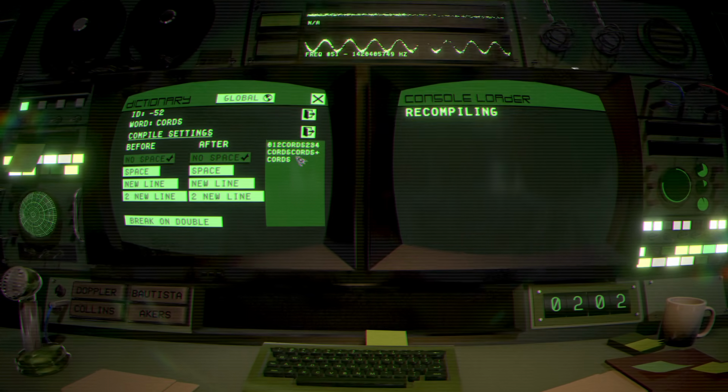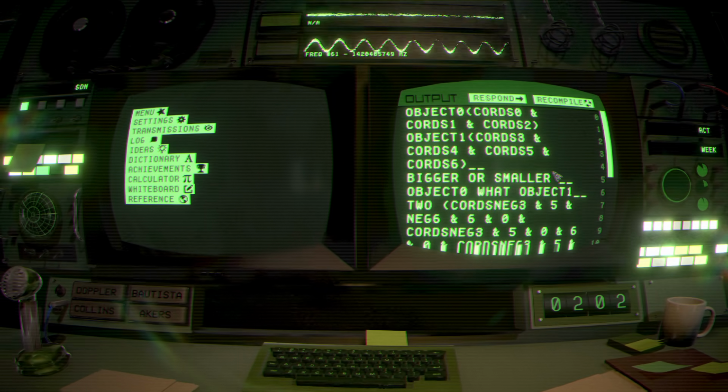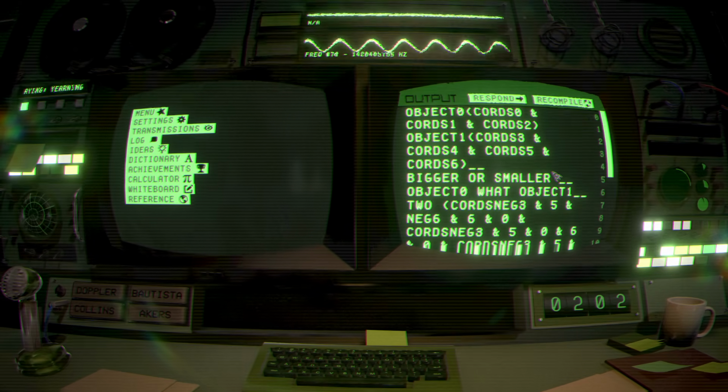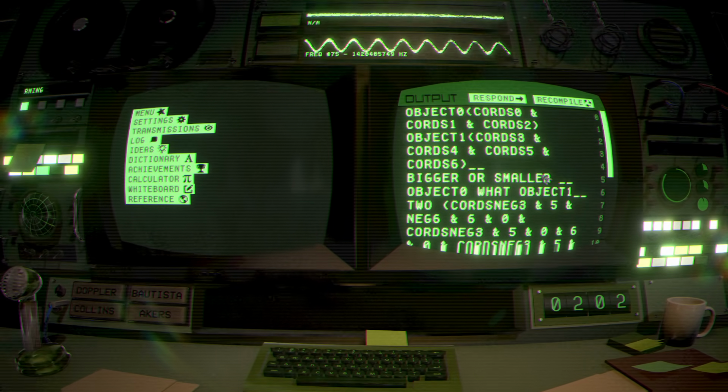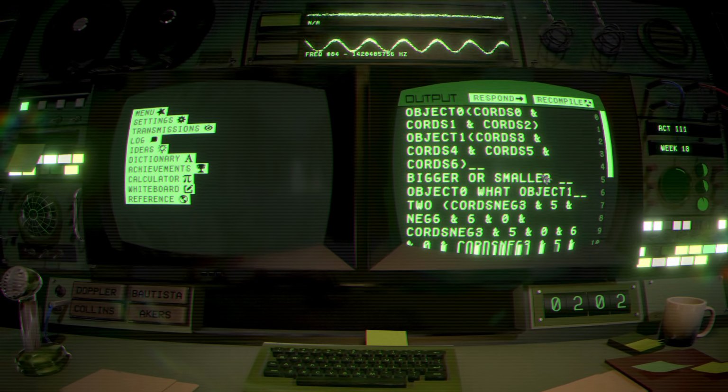Cut the spaces. Okay, I think, looking at how they're formatting this, we're vaguely on the right track.